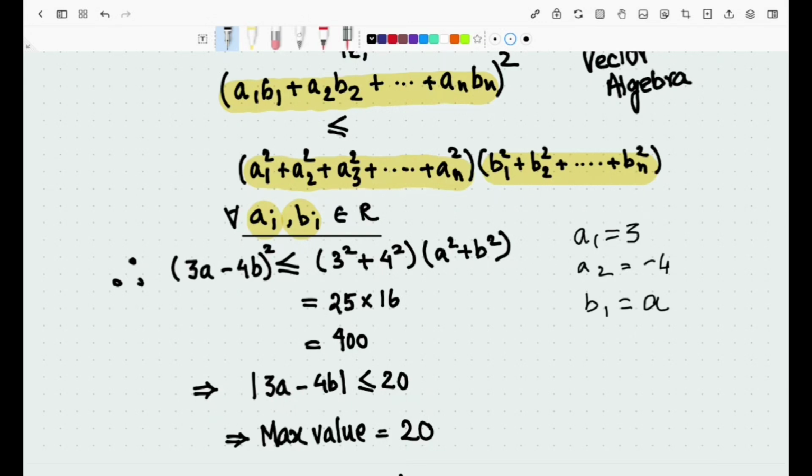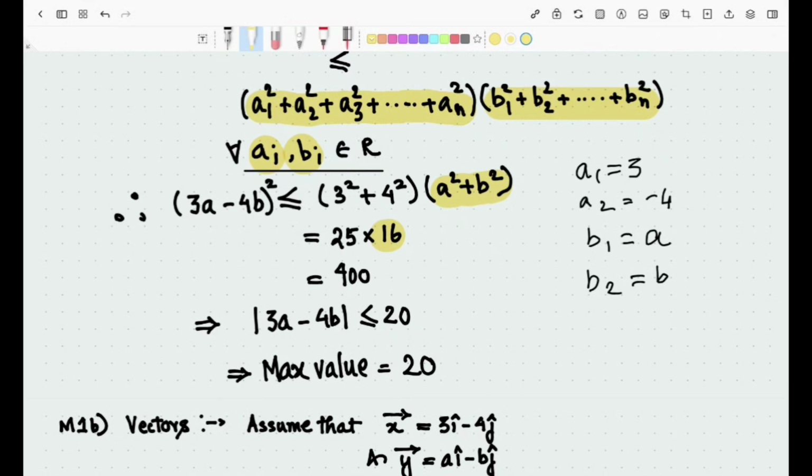Do not confuse it with a1 or a2, it is just the variable a, and I took b2 as b. Now you can understand that I just simplified this expression: 3 squared plus 4 squared is equal to 25, and a squared plus b squared, as I have earlier mentioned, is equal to 16. So after multiplying we get it equal to 400.